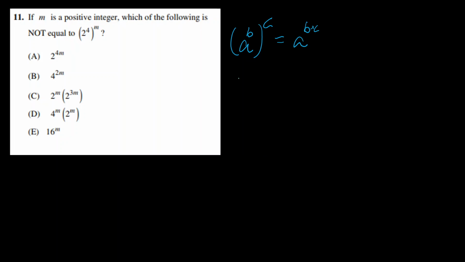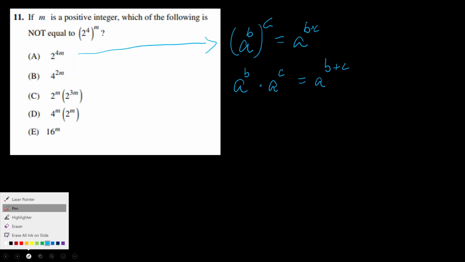And another important rule we need to know here is a to the b times a to the c equals a to the b plus c. I think that's going to be important here too. But let's take a look at it. A. Well, that's just that rule we defined right there. So that makes sense. We're all good there.